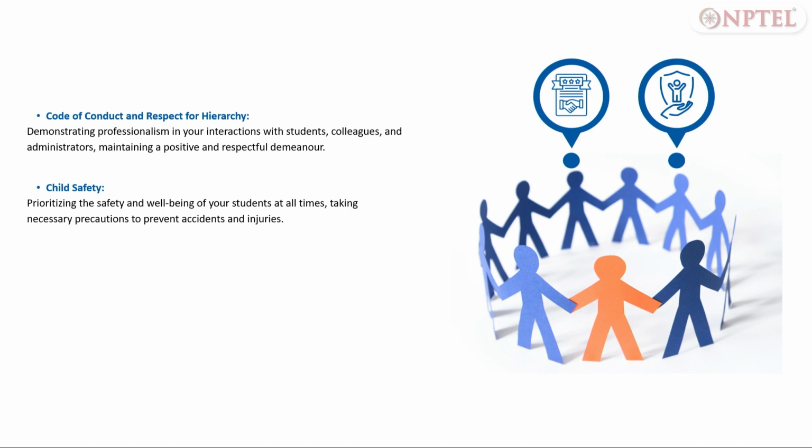It's not really professional to skip the hierarchy line and reach out to the vice principal or principal every time for very small issues, because senior management people have a lot of other things to take care of.